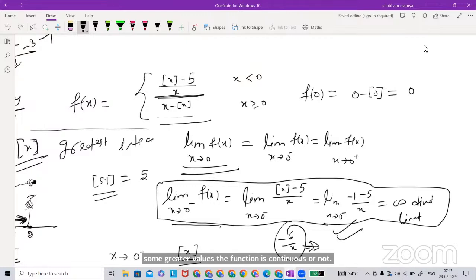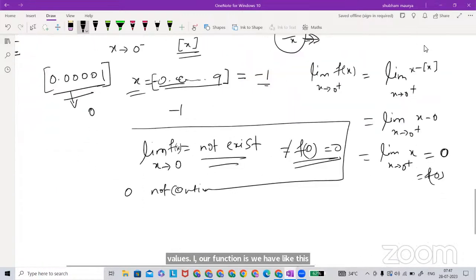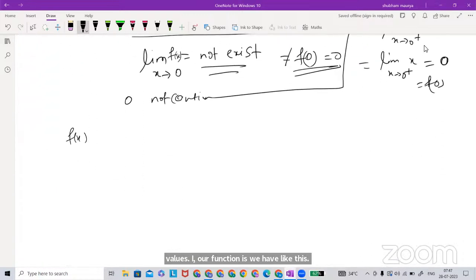For x greater than 0, our function is x minus the greatest integer function.